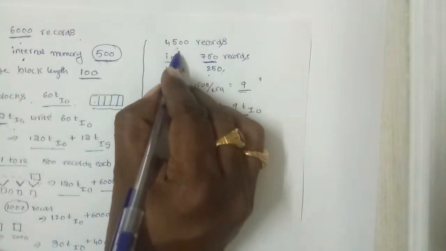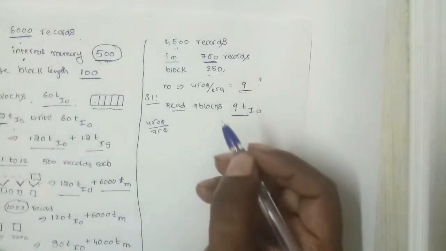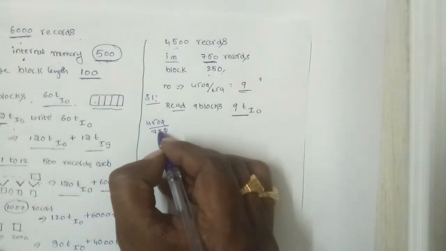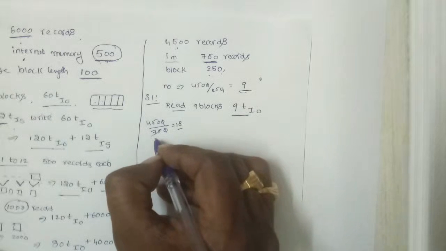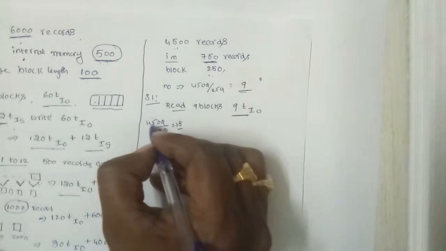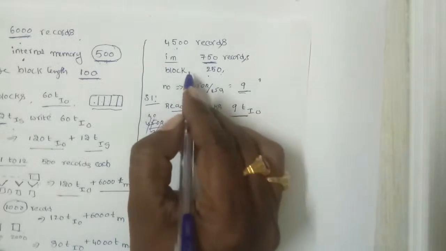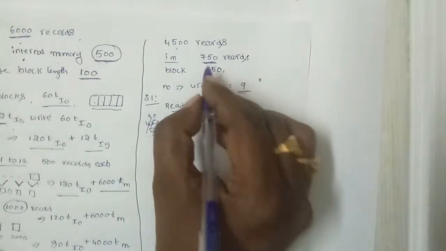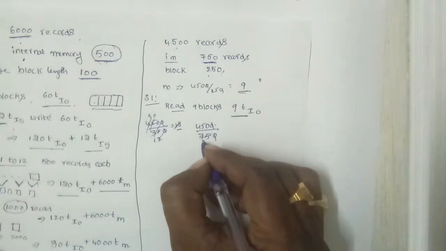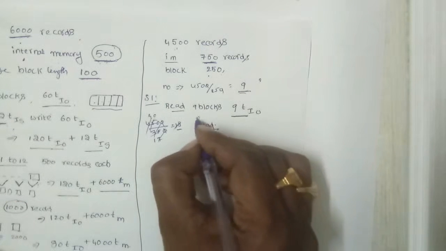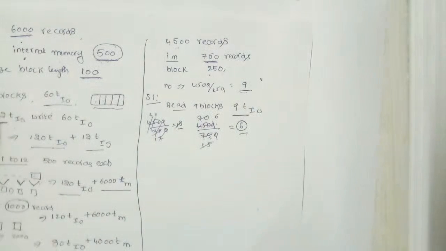Now 4500 by 750, what is the value? It is 6. So a total of 6 internal sorts.